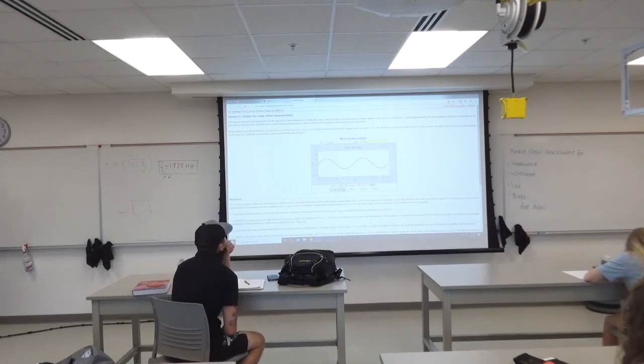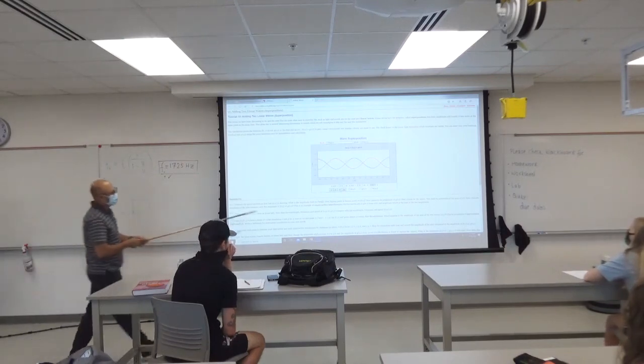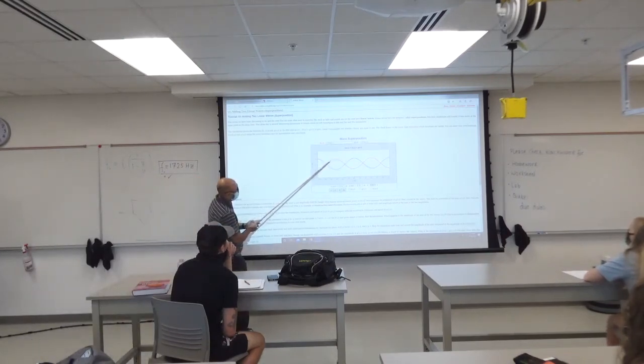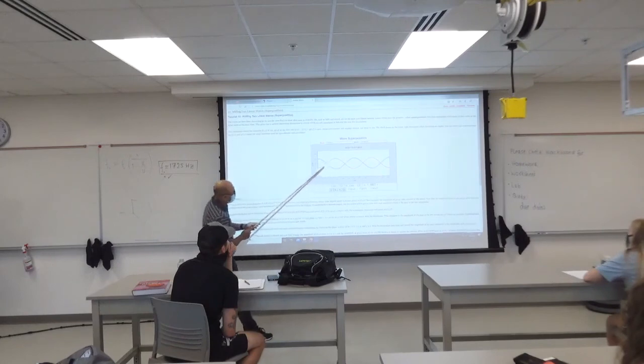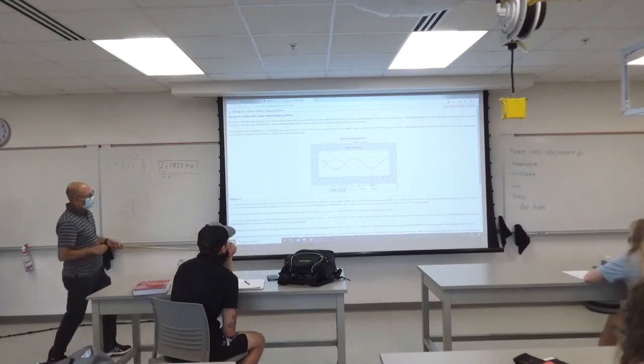So here, at this point, they interfere destructively. One is up like this, and the other one is down like this. Here it's up, here it's down, up, down. So they cancel each other in this instant.